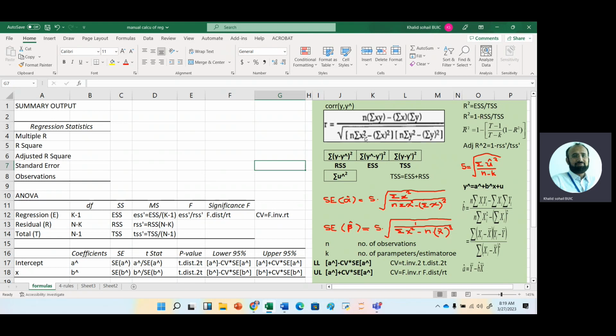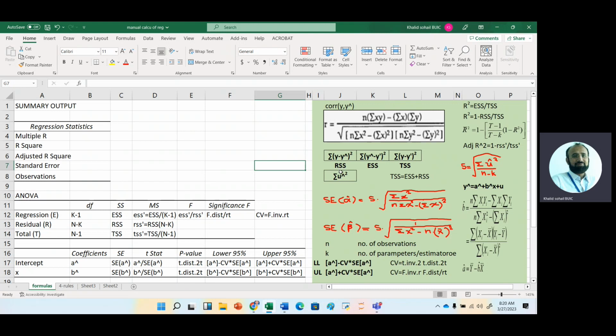After getting this Y hat, first we calculate U hat, and U hat is calculated as y minus y hat, and then we take its square. And when we add these squares, that is called RSS, and it is represented by summation of (y minus y hat) square, or summation u hat square, or we simply call it RSS.